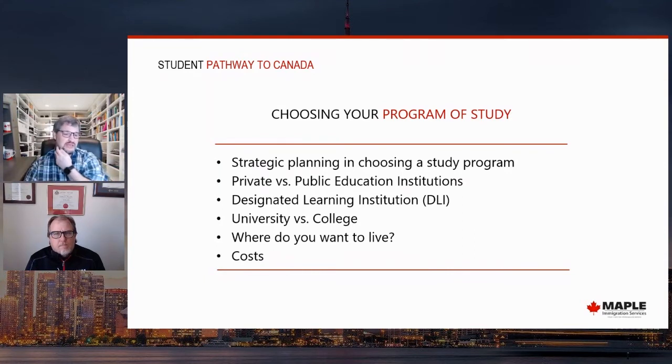There's lots of things that you need to plan when you're looking at your program of study. Where do you want to live? Okay. Again, don't think here about just taking a program. I know that there's a lot of different agencies around the world, and I don't want to get too far into the weeds on that, but some of them will do what's best for them and maybe not what's best for you. All right. So you need to keep that in mind.